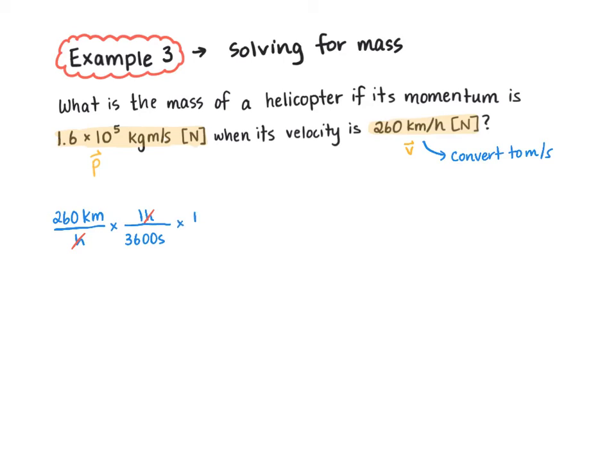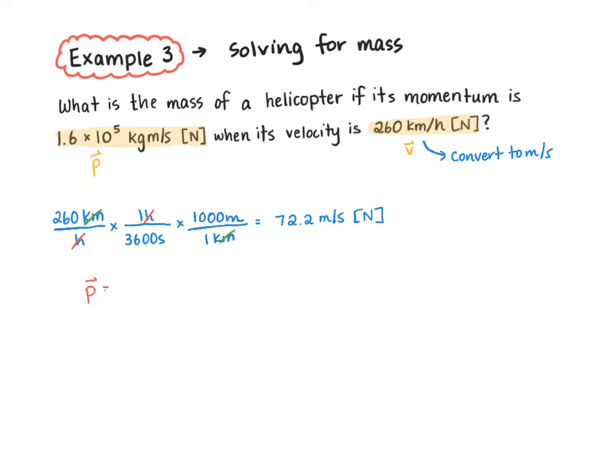And then times 1,000 meters per 1 kilometer, and that will allow us to cancel out our kilometers. And the velocity of our helicopter is 72.2 meters per second north. Now that we have that, we're able to solve for our mass.